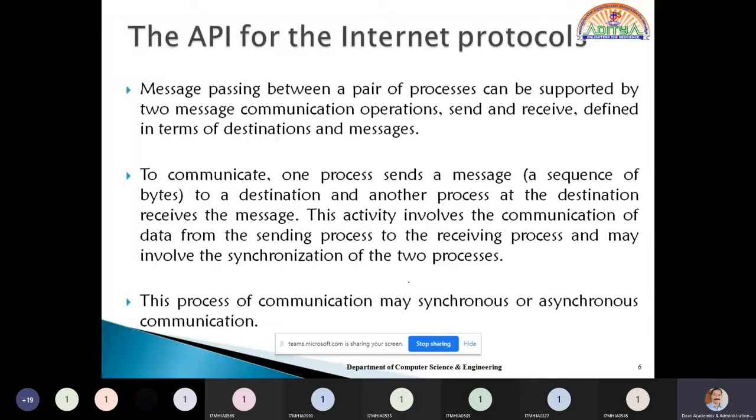These are defined in terms of destinations and the messages that we are passing. As a client, I want to send a message, and that message will be received by the other process, the server process, and it is vice versa. As a result of the processing, the server wants to communicate with the client also.